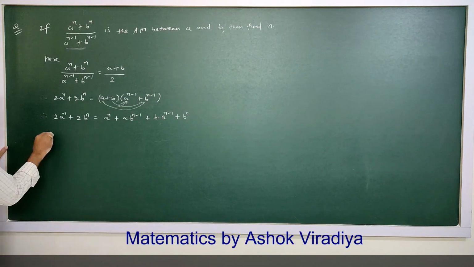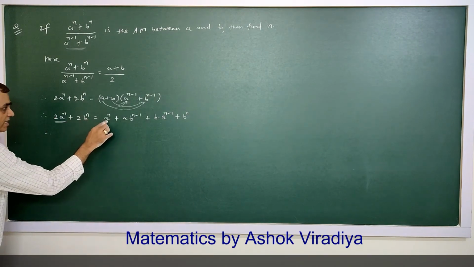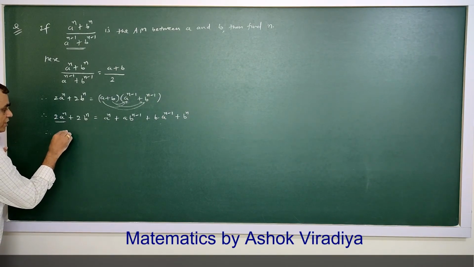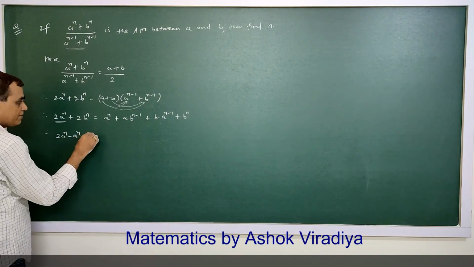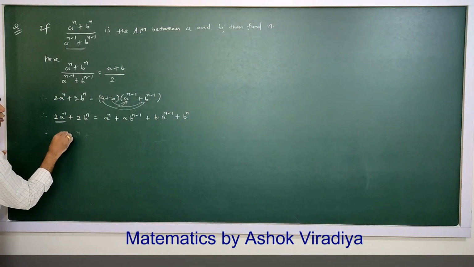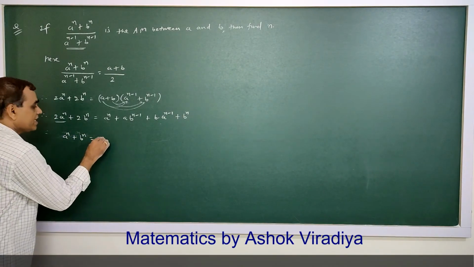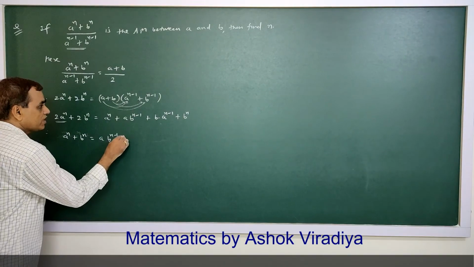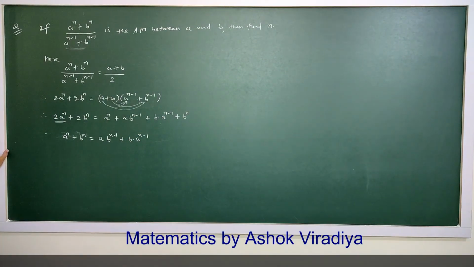So now this is 2 times a raised to n, this is a raised to n. So 2 times a raised to n minus a raised to n. This is 2 times b raised to n minus b raised to n. So directly we are putting a raised to n plus b raised to n is a into b raised to n minus 1, b into a raised to n minus 1.